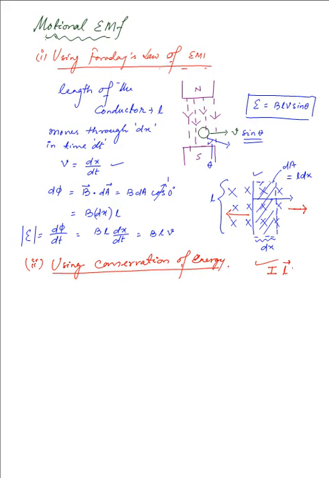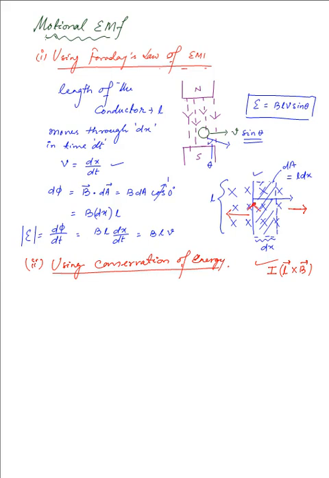So L cross B must be towards the left hand side, and in order that we get the L cross B to be acting towards the left with B into the plane, the current must flow in the upward direction, that is along this line over here, the red arrow that has been marked.